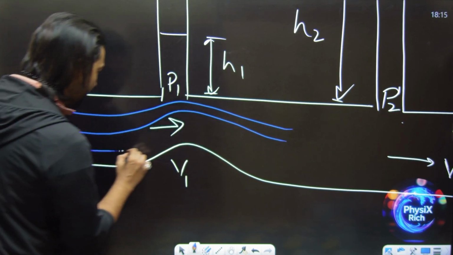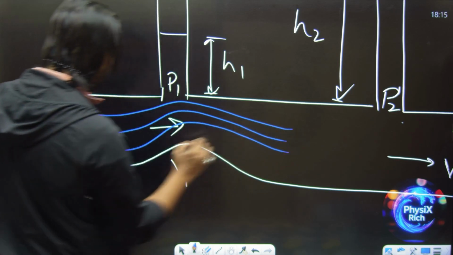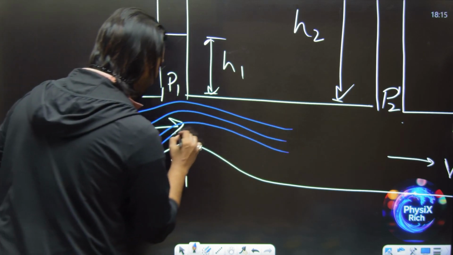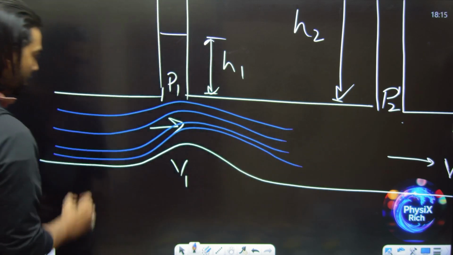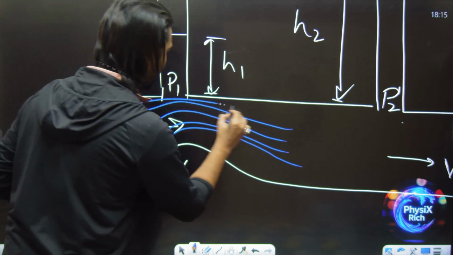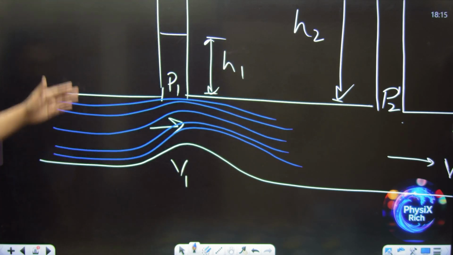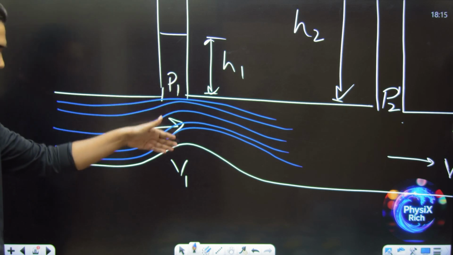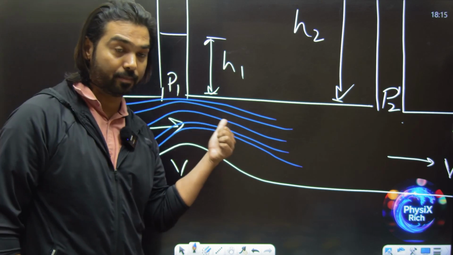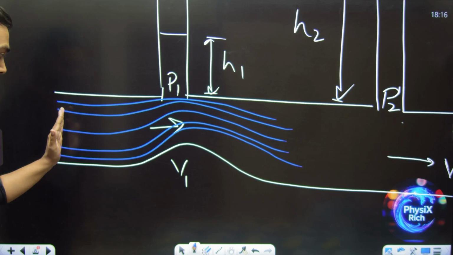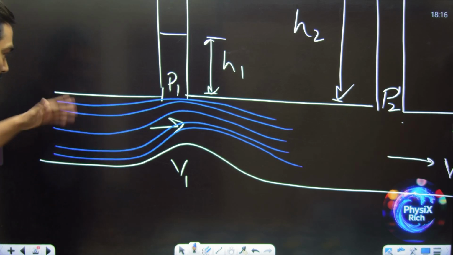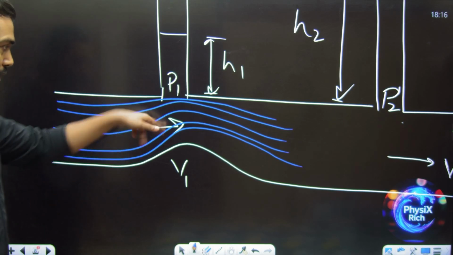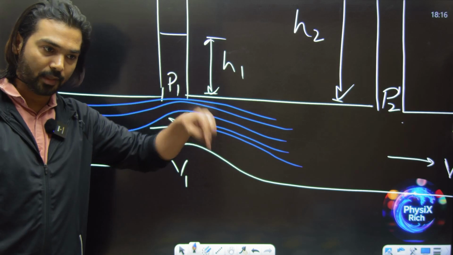Didn't we just study a while ago that if the streamlines are crowded, then the speed is higher? They are the same streamlines over here and over here. But here they are more crowded, here less crowded. Which means that over here the speed is higher and over here the speed is lesser.